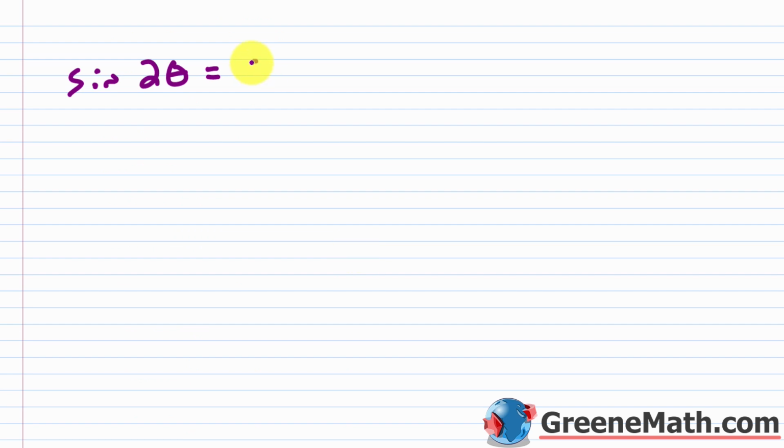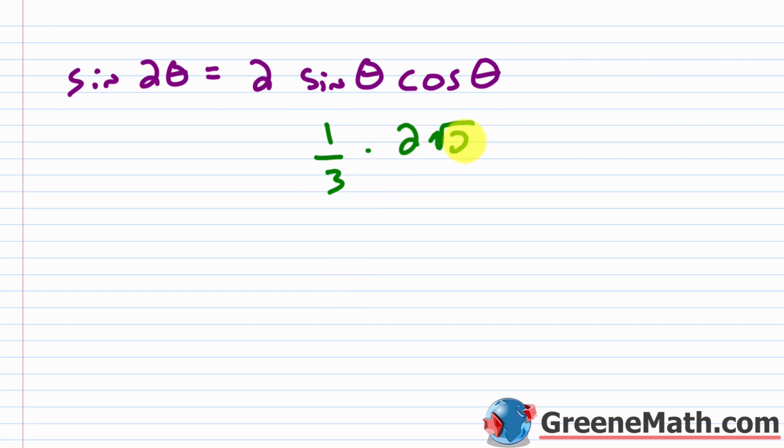Well, again, we know the sine of theta is 1/3. So this is 1/3. And we know the cosine of theta is 2 times the square root of 2 over 3. So let me put my 2 in here, and let me put sine of 2 theta like this. So let me write this again over here.